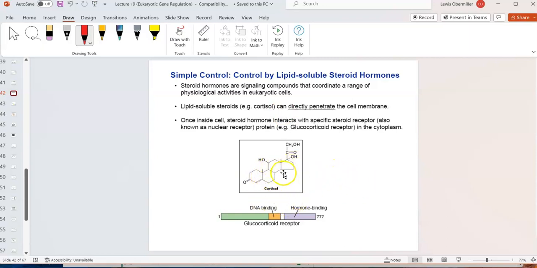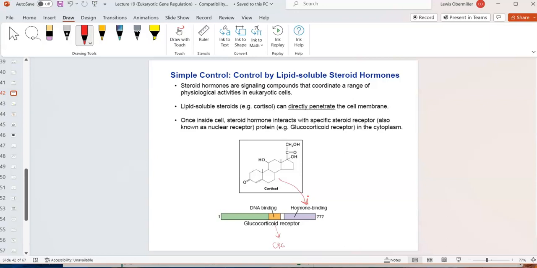Again, this is a cholesterol, so this is cortisol. It's a steroid hormone. It has a receptor, right. It has a hormone binding domain, so this is going to bind here. This DNA binding domain is going to go into the nucleus and bind to the cortisol response element.